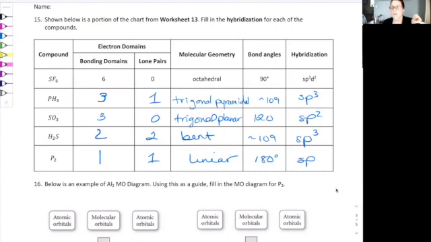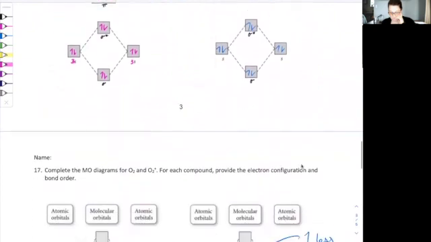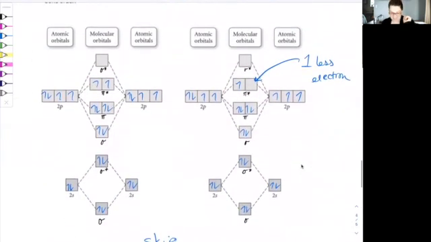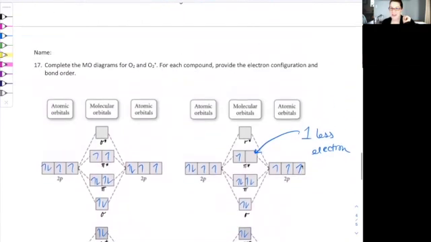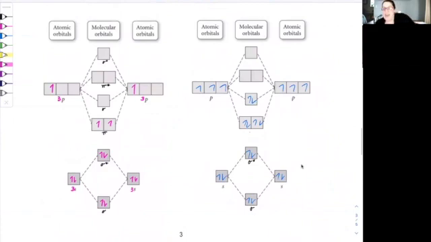I have a question. Boomer, go ahead. In the 16th one and the 17th one, the orbitals are drawn differently. In 16, it is first pi and then sigma. How are we supposed to know that, or how do we decide that? First, you're not expected to know that yet.